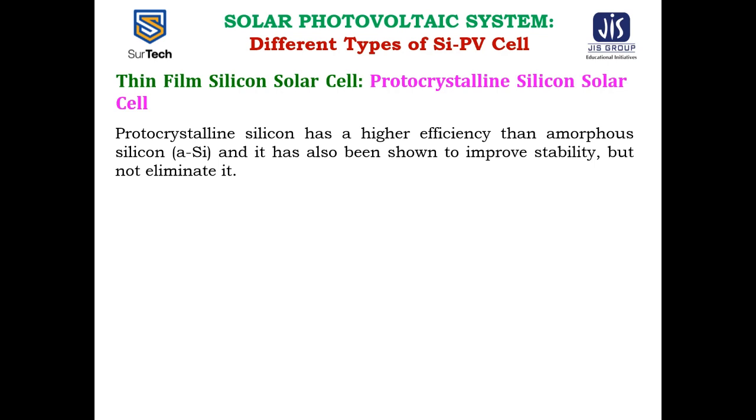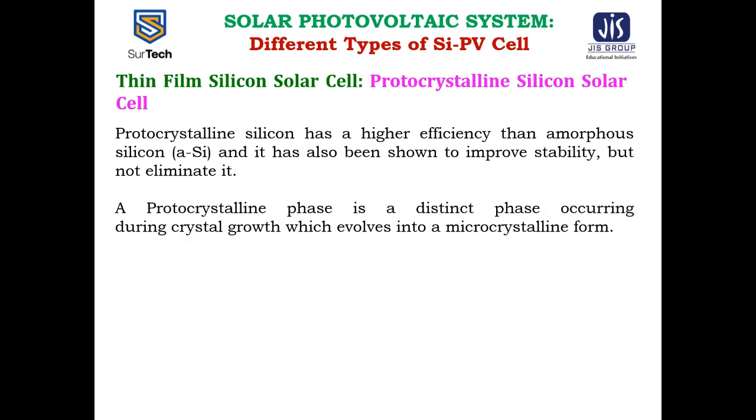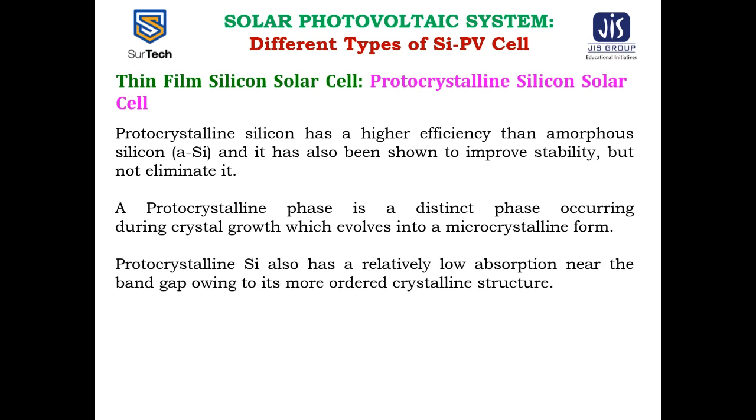The protocrystalline silicon phase is a distinct phase occurring during the crystal growth which evolves into a microcrystalline form. The protocrystalline silicon also has a relatively low absorption near the band gap owing to its more ordered crystalline structure.